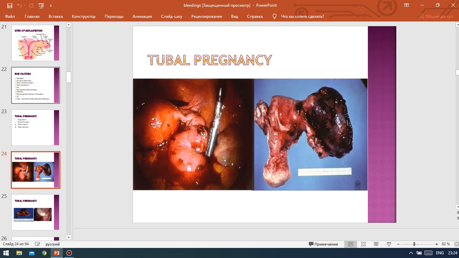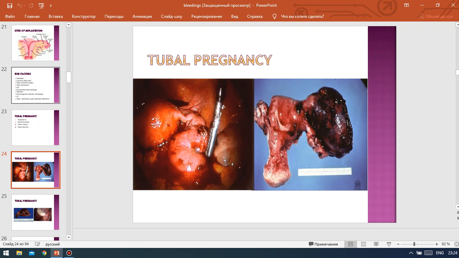During tubal pregnancy, we have hCG, absence of menstruation, and a positive pregnancy test, but we have an empty uterus, because the embryo is situated outside, in the tube, maybe in the ovary.